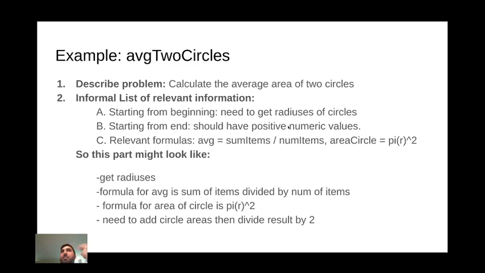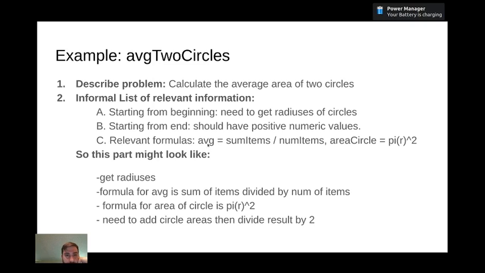That helps us, especially later on when we're debugging. If we get some crazy values like a Boolean or a negative number, we know we did something wrong. It helps us build a framework. We know we should have positive numeric values because no circle is going to have an area of 0, or a negative area.